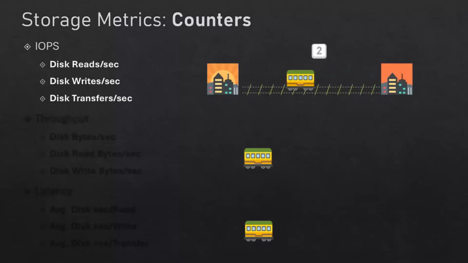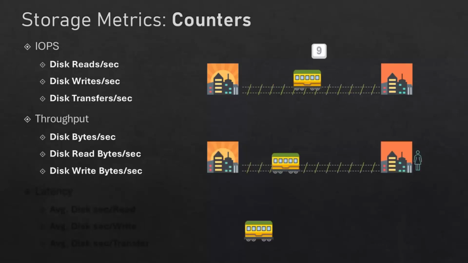These metrics count the number of operations being performed. Disk reads per second, similarly disk writes per second, and disk transfers, which is the total number of disk reads and writes.